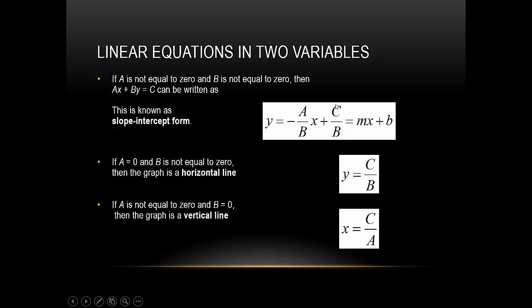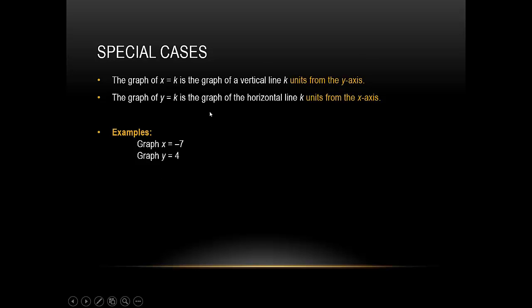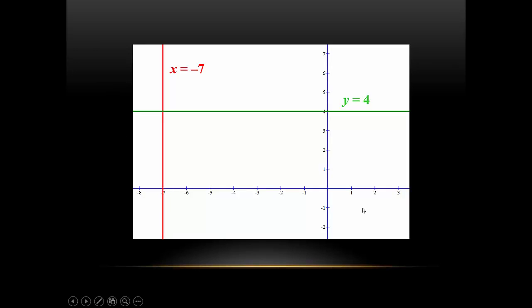If we let this piece equal 0, then of course we would end up with x equals, and that would be our vertical line. So for example, the graph of x equals k would be vertical, and y equals k, just some number, would be horizontal and would look like this. So we can see y equals a value would be a constant, and x equals a value would be a vertical line.